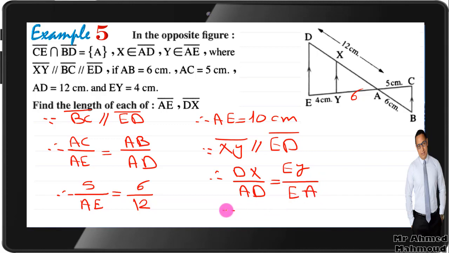Therefore DX over 12 equals 4 over 10. Therefore DX equals 4 times 12 over 10 equals 4.8. This is DX. DX equals 4.8.